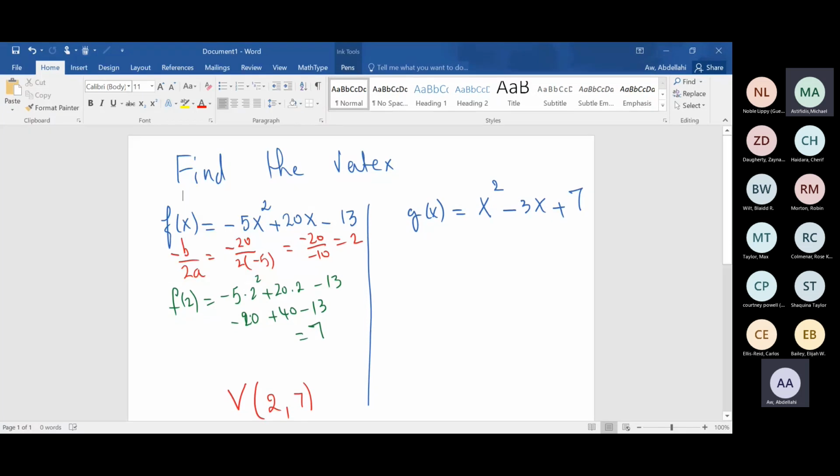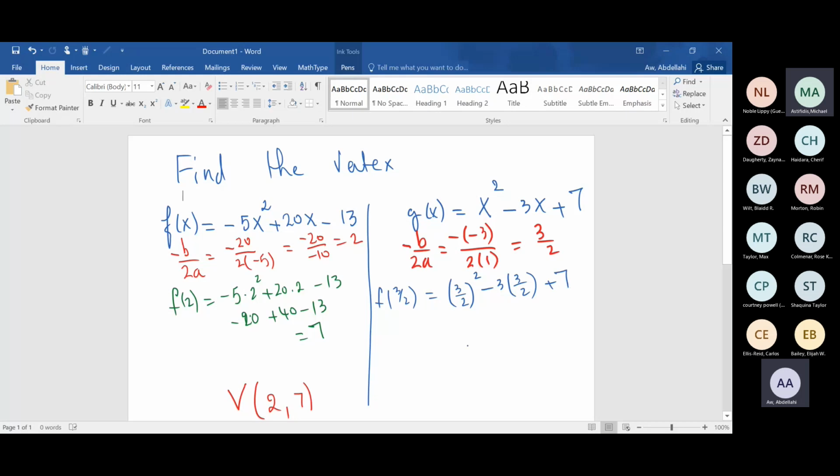Okay, so I do the same thing. Negative B over 2A is negative negative 3 over 2 times 1, which is 3/2, right? Now what I do next is f of 3/2, which is 3/2 all squared, minus 3 times 3/2 plus 7.